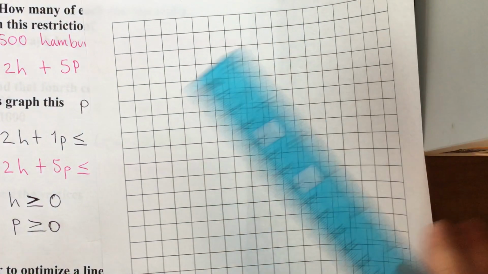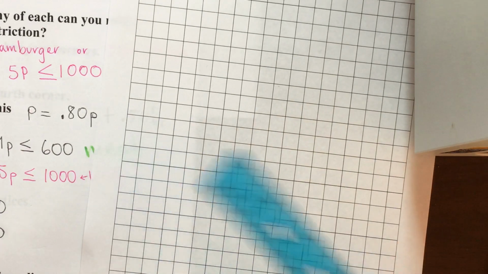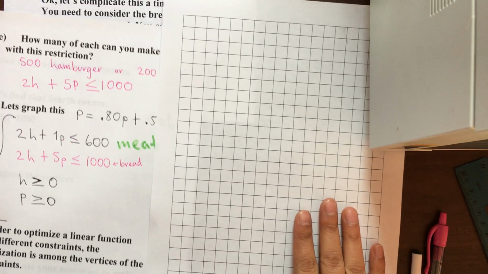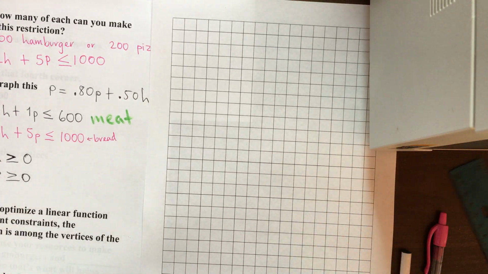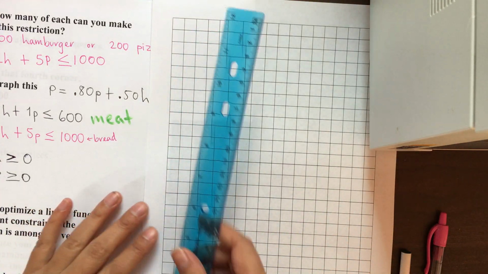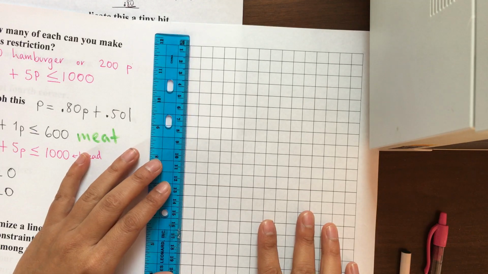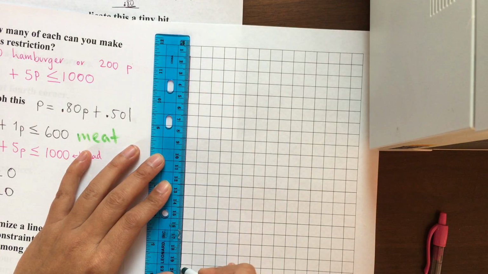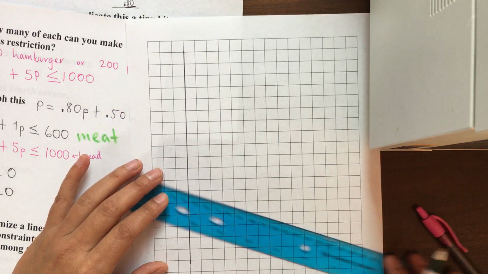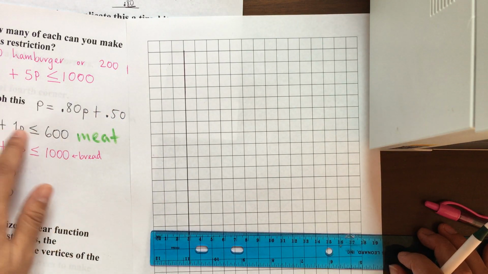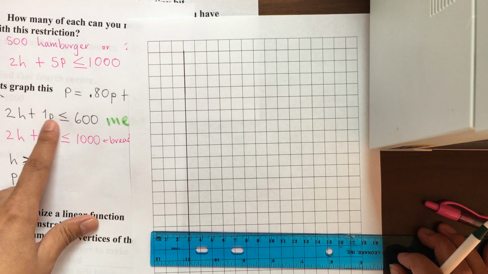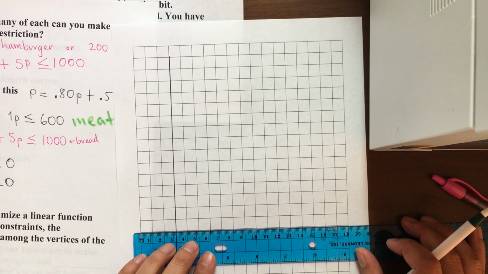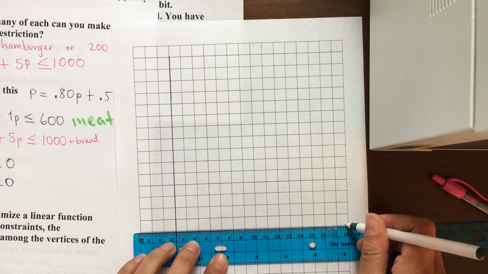So now we're ready to graph. Let me see if I can put this in here. Maybe I'll make it a little smaller so you can have both on the screen. And so I'm going to create my graph in here, and looking at this information, I will probably use up to 500, 600.